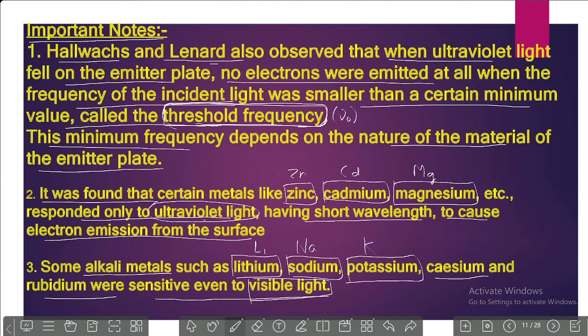Which metals are sensitive to UV light? Zinc, cadmium, magnesium. And alkali metals like lithium, sodium, potassium, rubidium, cesium are sensitive to visible light. So 3 points we completed on important notes.